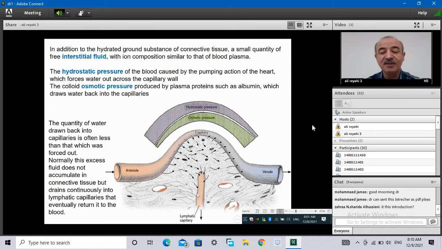Finally, this lymph, after filtration by the lymph node, drains to the large vein in the root of the neck, okay? So this amount of the water comes back to the vein. So this fluid is called the lymph, okay?